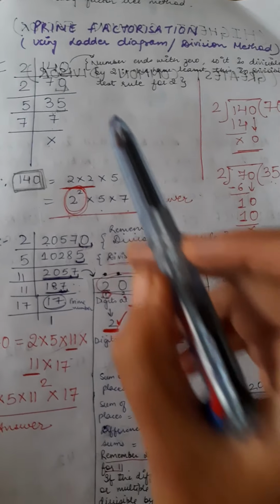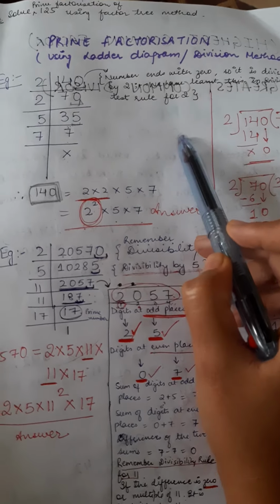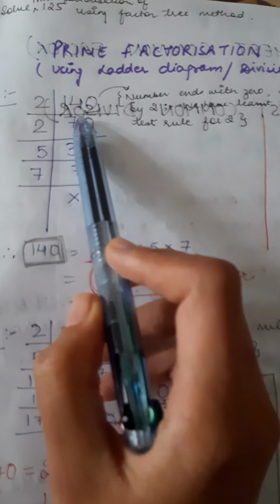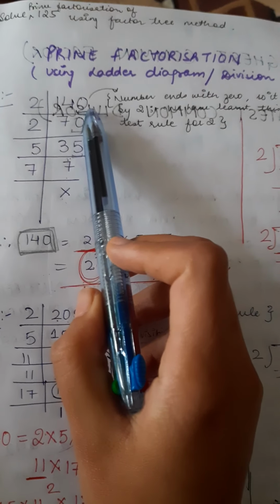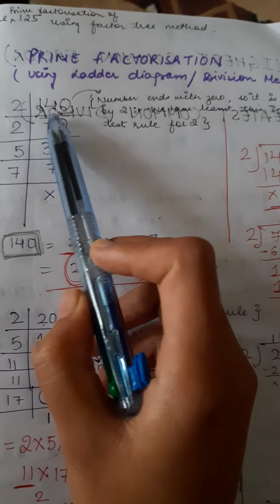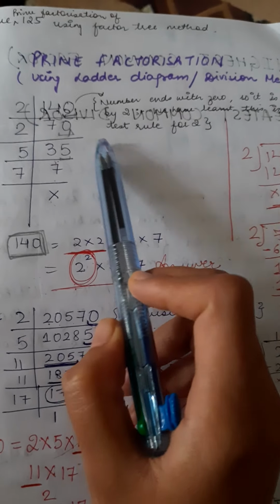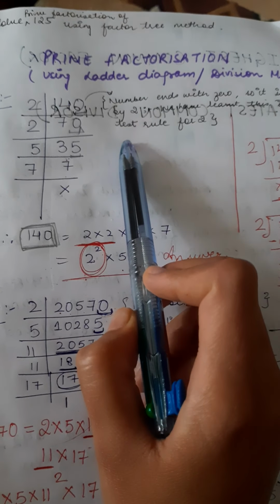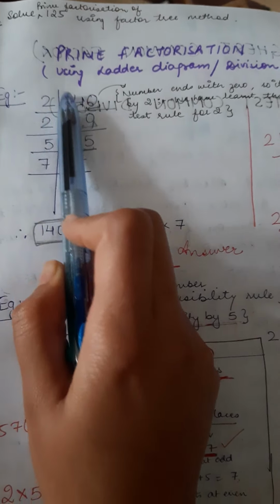Now let's see this prime factorization using ladder diagram or division method. This is very important. So here you can see I have taken this number 140 and I have applied here the divisibility rule, and 0 is at the end of the number, so it is divisible by 2. This we have learned in the divisibility rule for 2. So 2 is the lowest prime number.